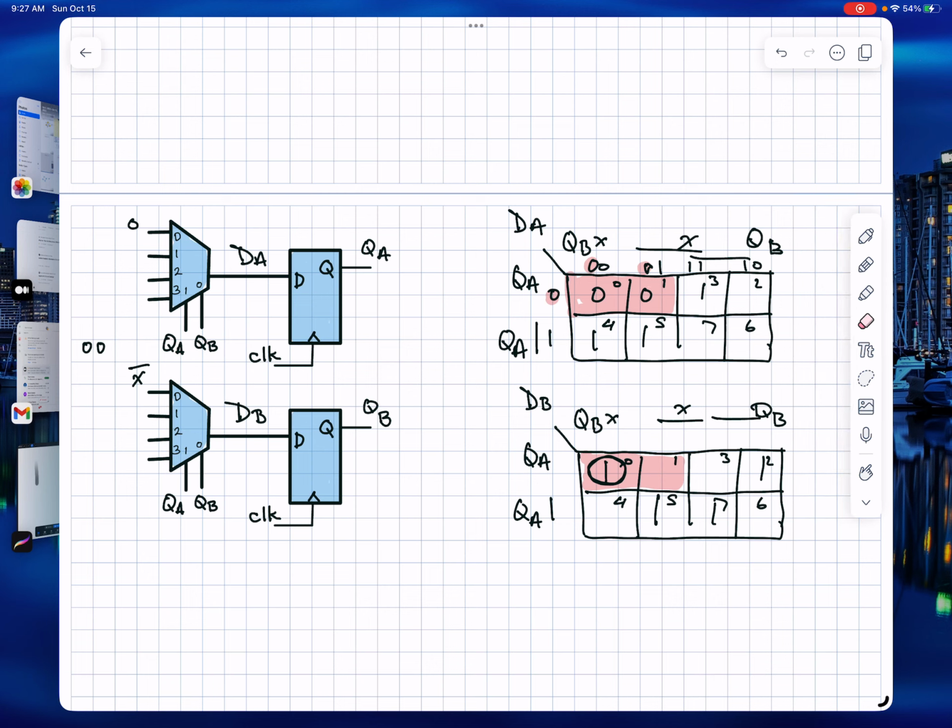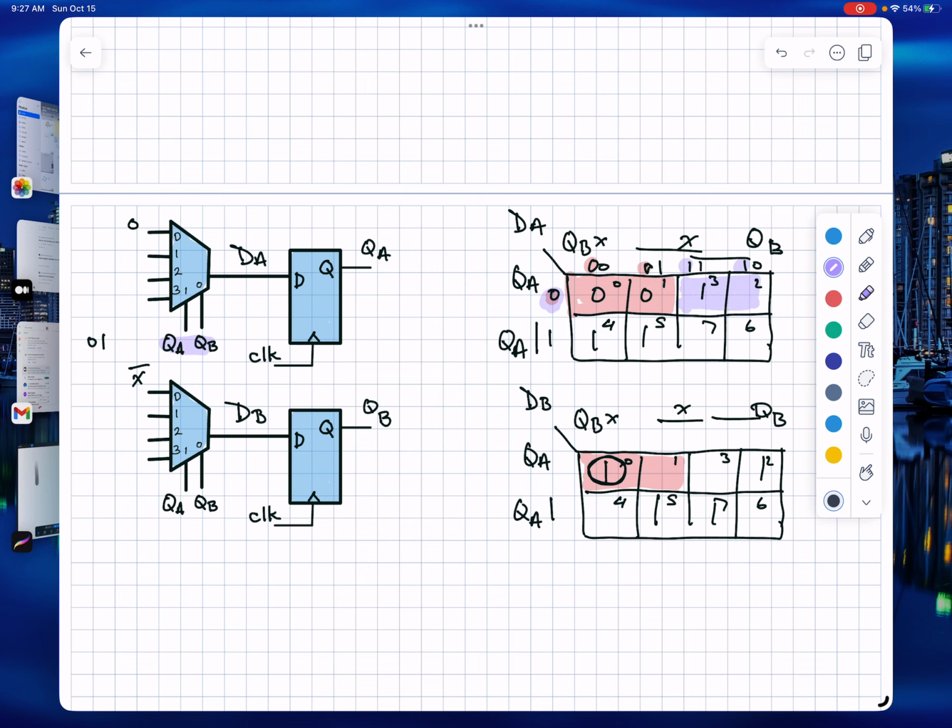Next we could change colors here, and let's go with purple. For this one, let QA be 0 and QB be a 1. QA equals 0 corresponds again to this upper row, so it's an overlap. But QB equal 1 are these two squares, so it's right here.